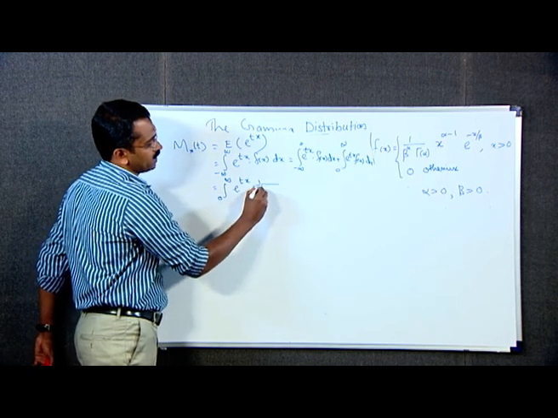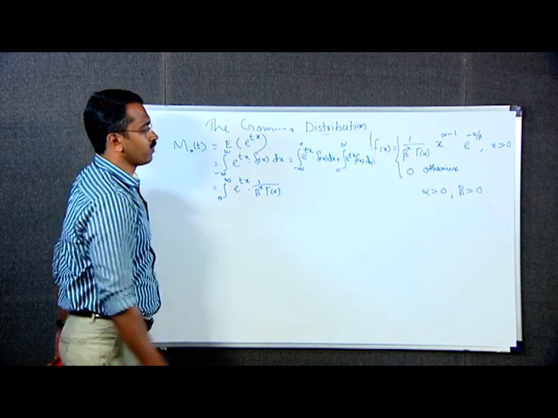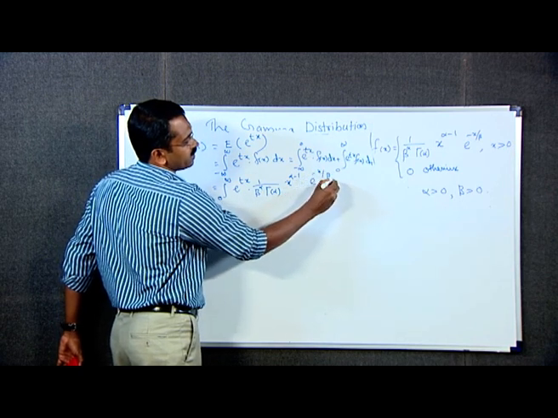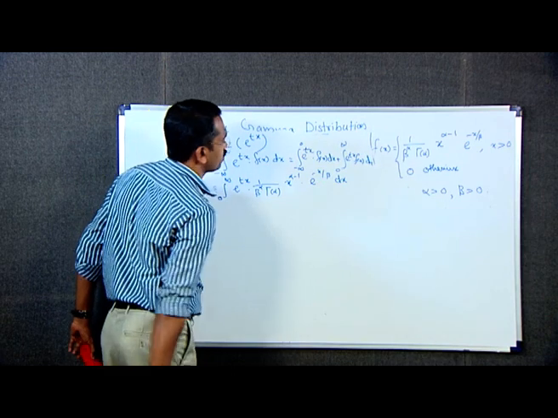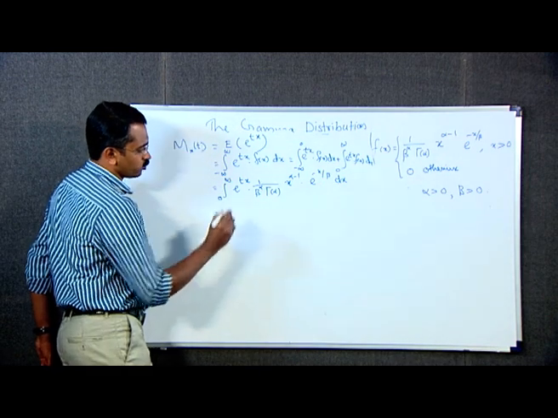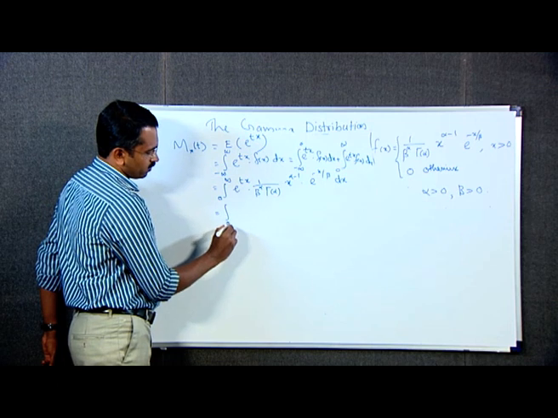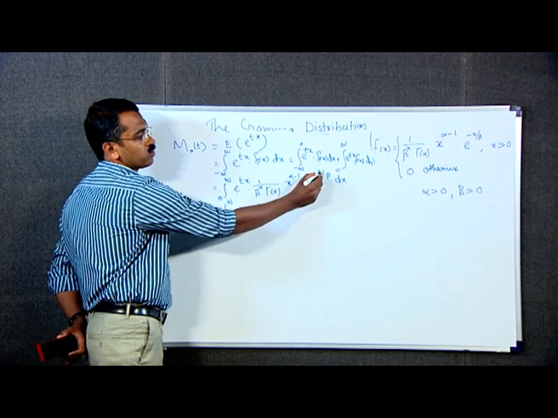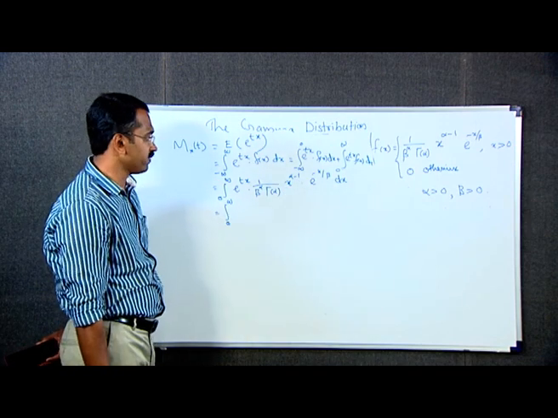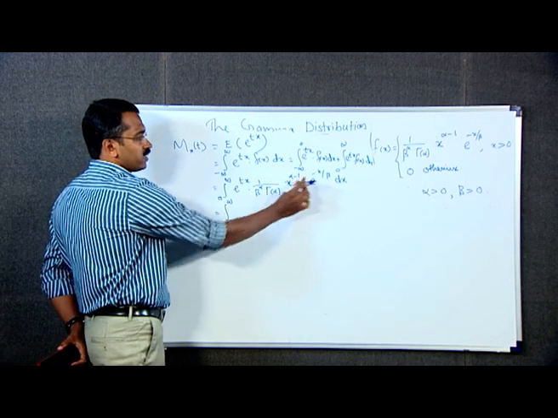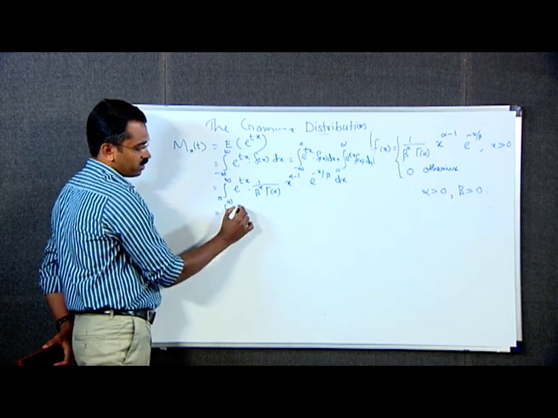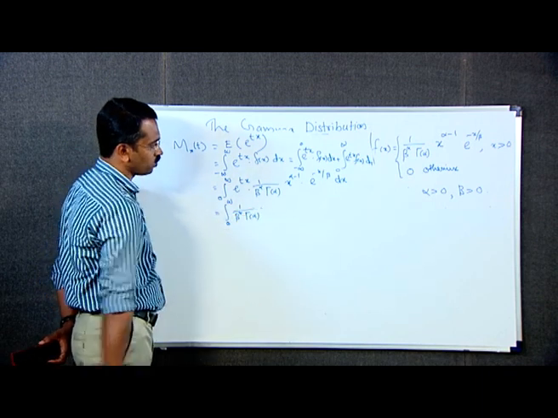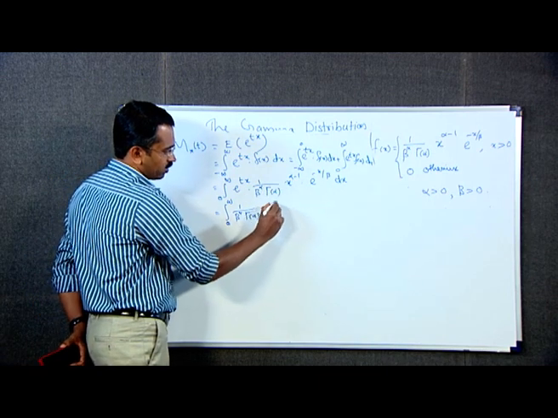which is 1 by beta raised to alpha into gamma alpha, x raised to alpha minus 1 into e raised to minus x by beta dx. This is equal to integral from 0 to infinity. Here e raised to tx into e raised to minus x by beta. We can write this as integral from 0 to infinity 1 by beta raised to alpha into gamma alpha into x raised to alpha minus 1.